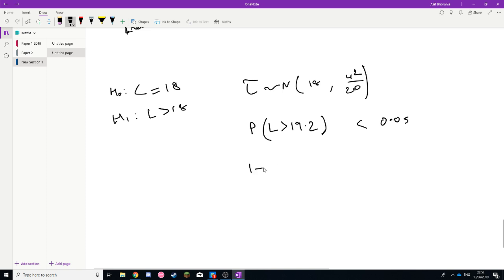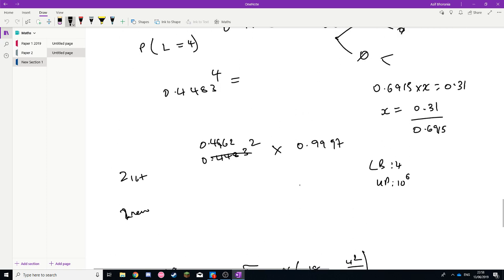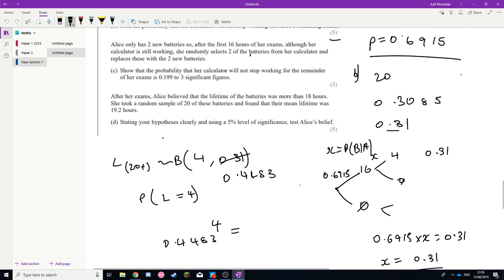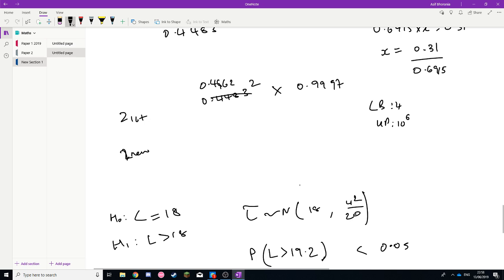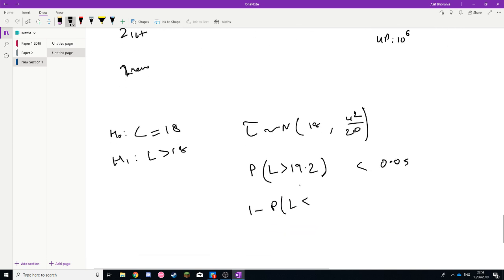Sorry, 1 minus the probability of L being less than 19.2. Wait, what? That doesn't make sense. 19.2 and greater than should be less than 0.05. Oh, this is 0.0. My bad. I misread my calculator.